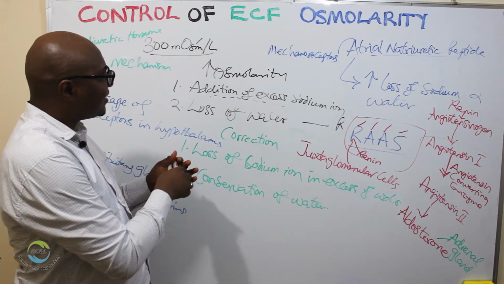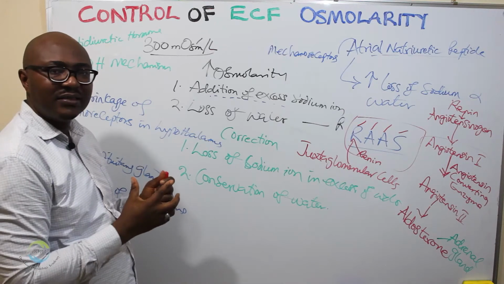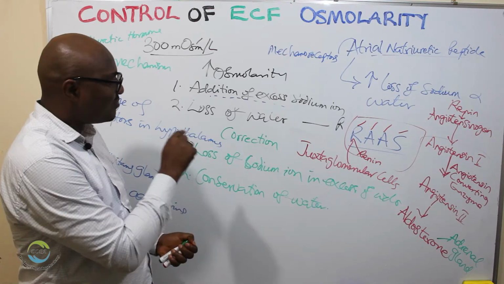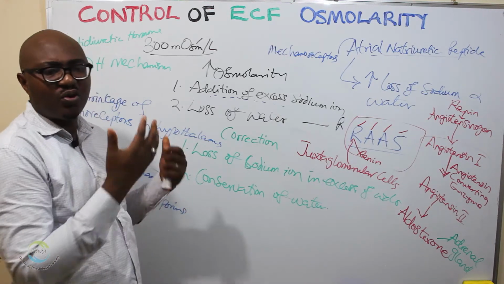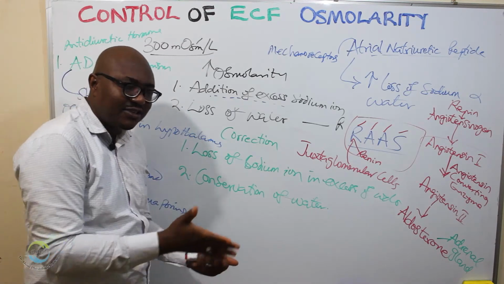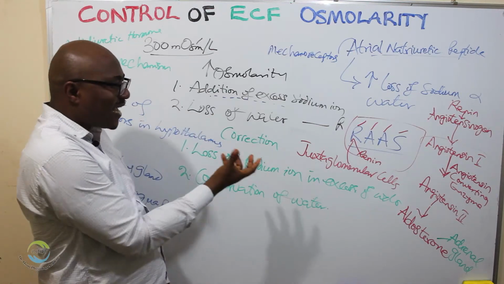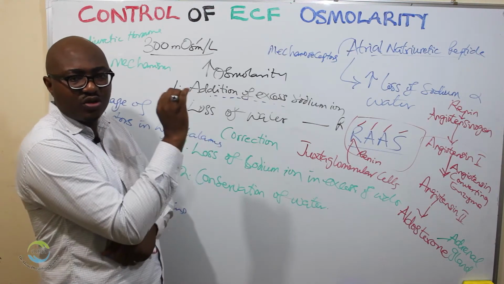But you see that all these mechanisms are not entirely perfect. Especially because sodium cannot go by itself. Whenever sodium is trying to be conserved, water follows it. Because sometimes all you need is just only sodium.